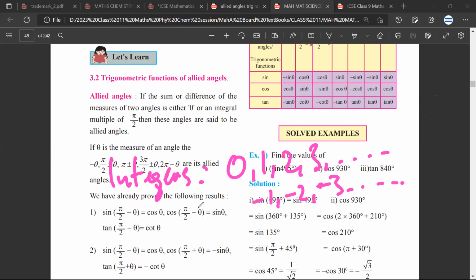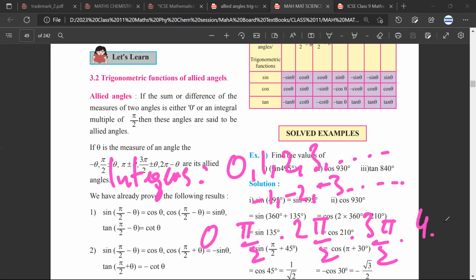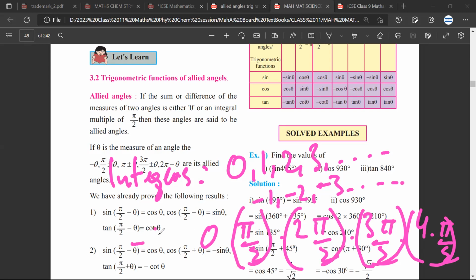So integral multiple of pi by 2 would imply 0, pi by 2, 2 pi by 2, 3 pi by 2, 4 pi by 2 on the right hand side, and minus pi by 2, minus 2 pi by 2, minus 3 pi by 2 on the left hand side. Am I making any sense?